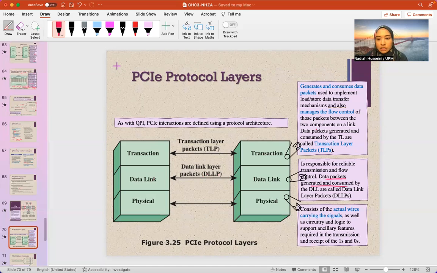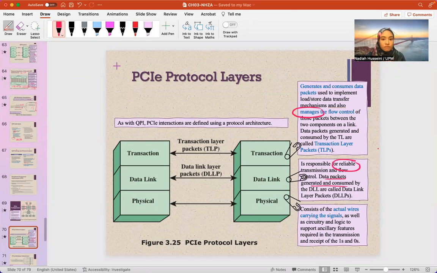And then we have the transaction layer. The transaction layer generates and consumes data packets. So this is where the data packets come from. It generates and consumes, and it manages the flow control of those packets. So this guy is responsible for reliable flow control, this guy manages. So it's almost redundant, right?